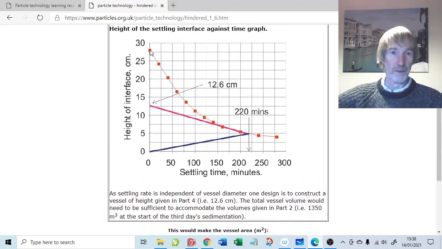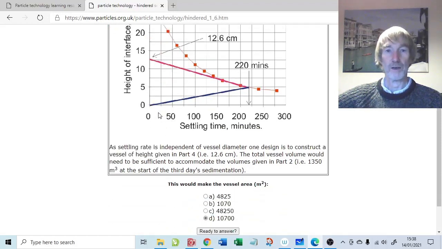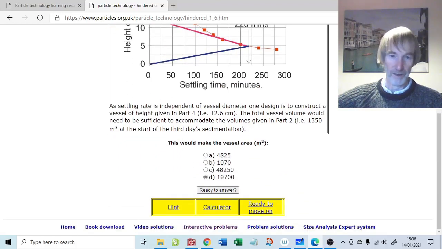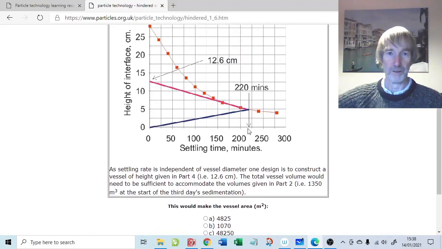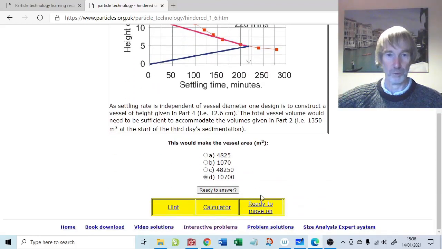Don't forget this 28 centimetres here is what the height is in the measuring cylinder. We're not suggesting necessarily that we need a 28 centimetres high settling tank. That just happens to be the measuring cylinder. Whereas to do the design for the big tank, we could get away with a 12.6 centimetre high tank with that area. It's obviously a silly value. There is no way you're going to use such a small tank with such an enormous area, but we'll see that in a minute.